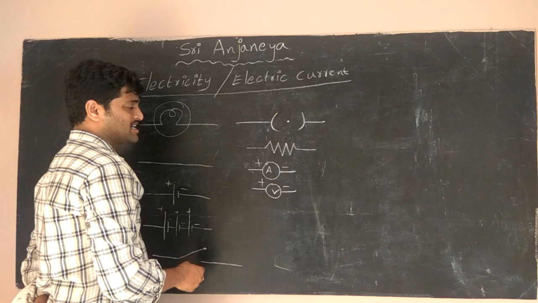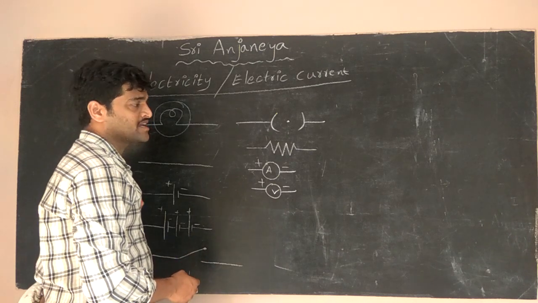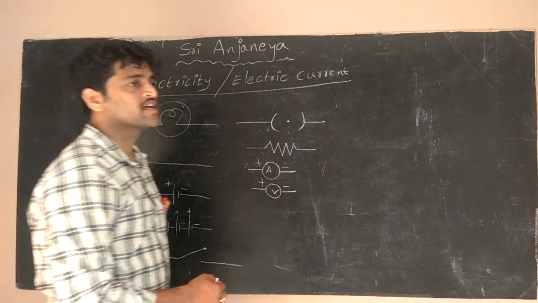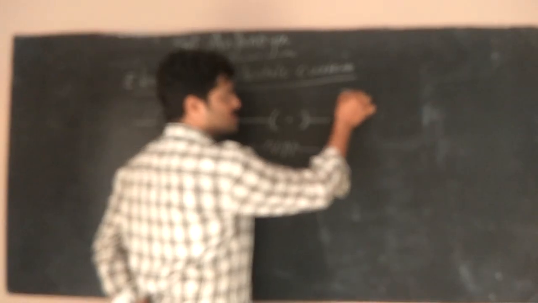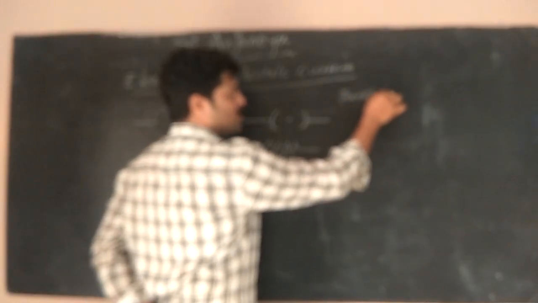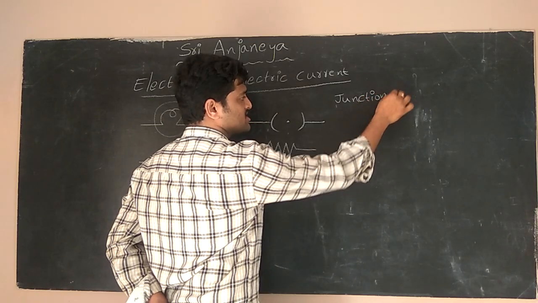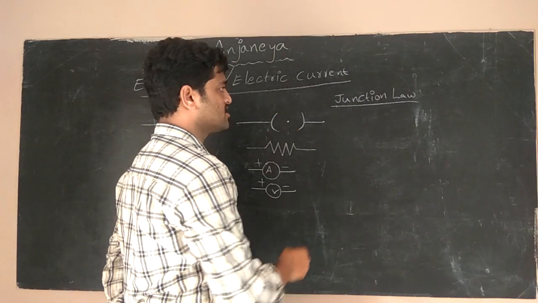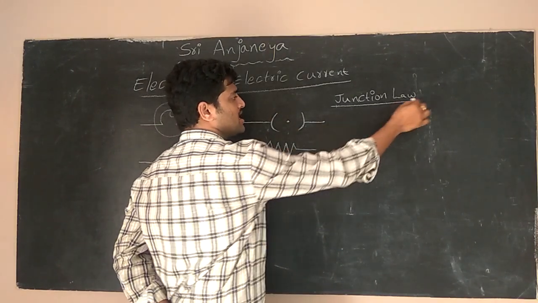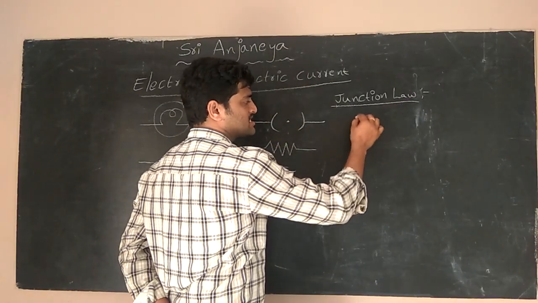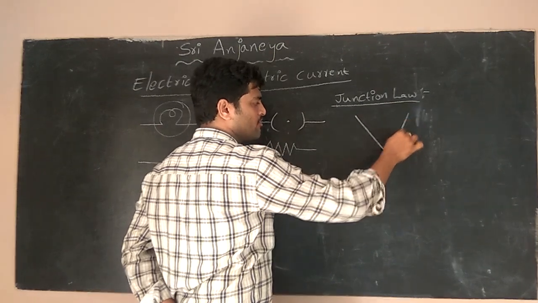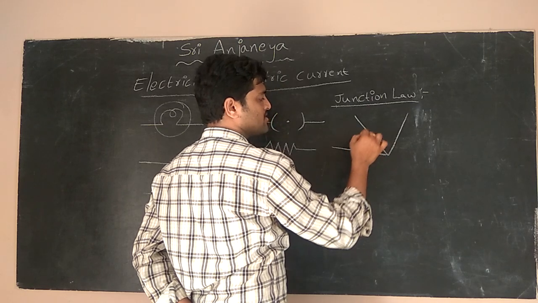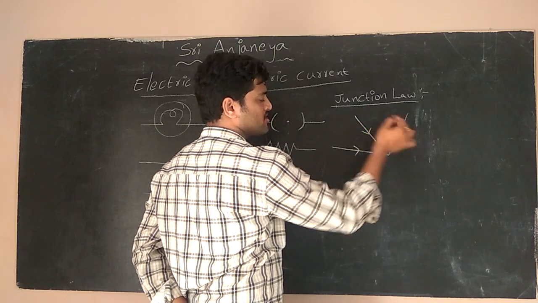Then let us start our discussion by knowing certain laws. The first one is Kirchhoff's law, or junction law. Junction law states that the sum of the currents flowing into the junction is equal to the sum of the currents flowing out of the junction.